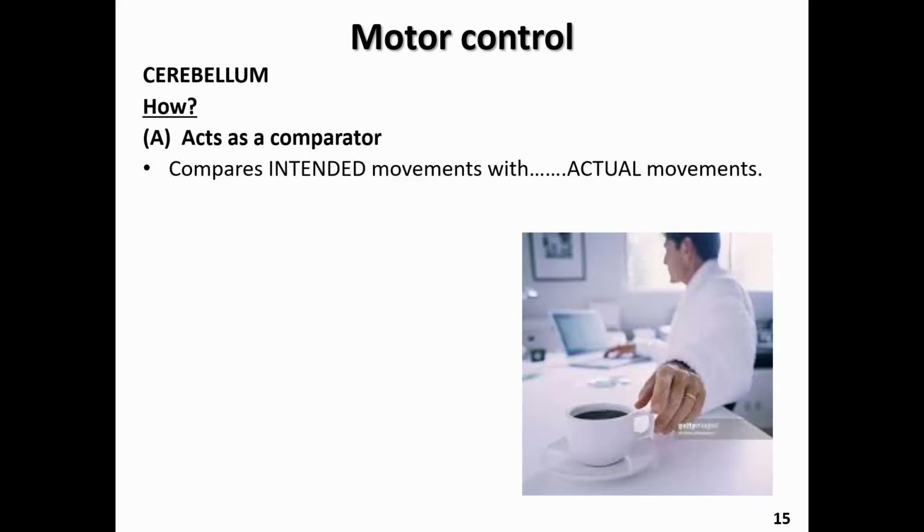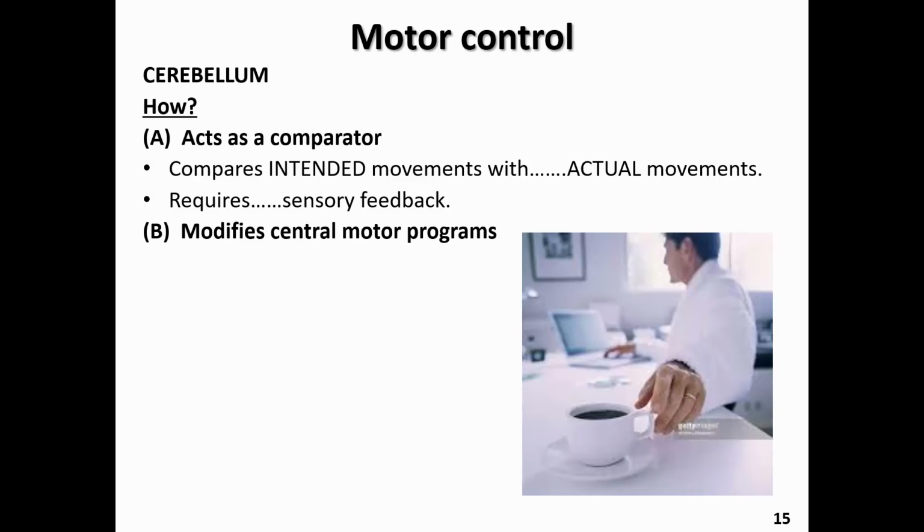So, in order to make this comparison, the cerebellum must bring in feedback from the segment that has been activated. And so, this is just one area of many where the nervous system takes in real time feedback and uses that feedback immediately to adjust the motor output and thereby affecting the physical function.